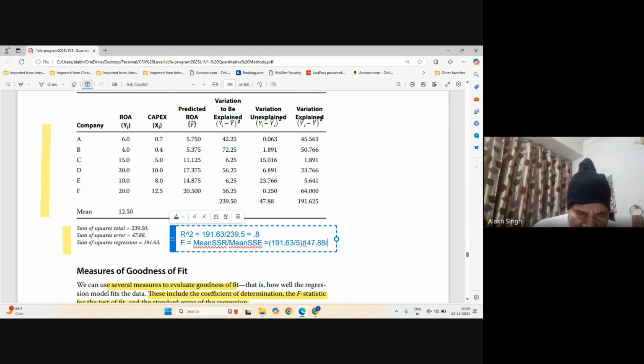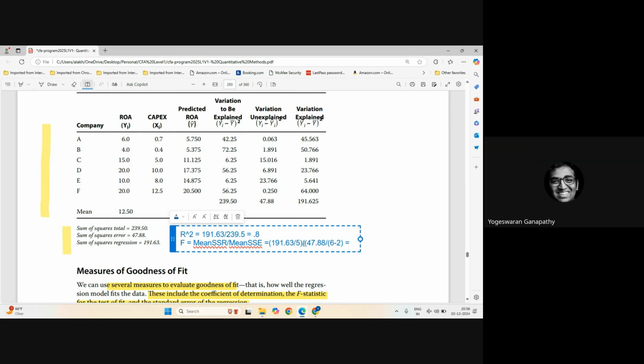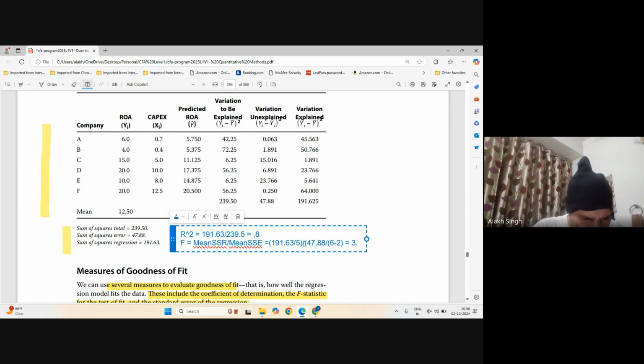So we will divide by 6 minus 2. How much do we get? 3.2. So this is our F.